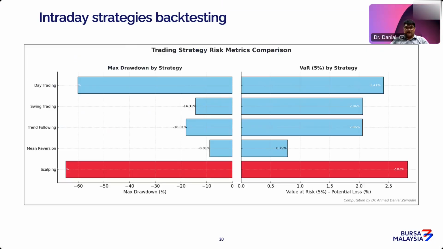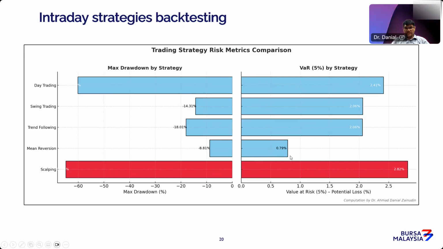Right. So this one is extra that I want to share tonight: maximum drawdown by strategy and also the value at risk across the strategies. We are looking for the least max drawdown, which is swing trading, only 14%. How about VaR, value at risk?